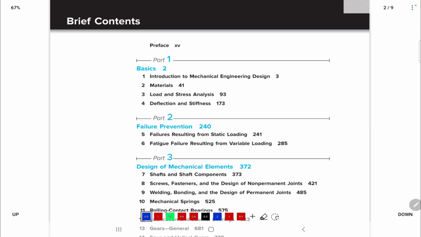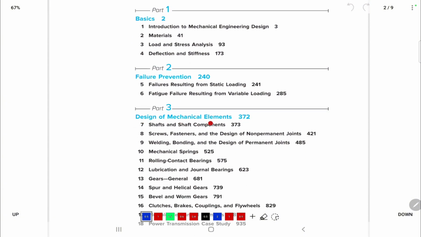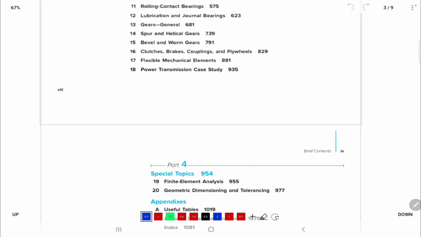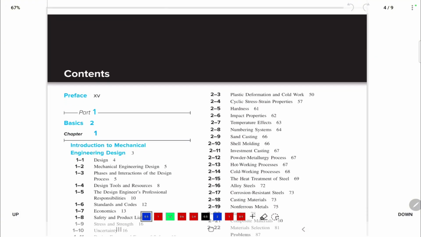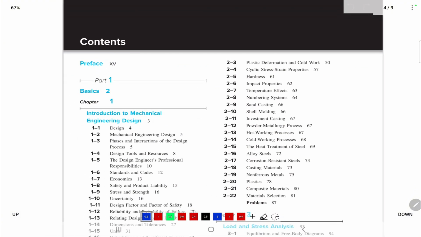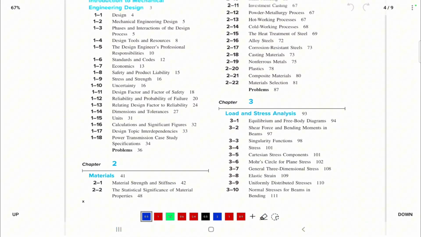Part 1, basics; part 2, failure prevention; and part 3, design of mechanical elements. I sent you part 4, special topics and appendices. I shared with you last week the detailed table of contents, so you can just go through.